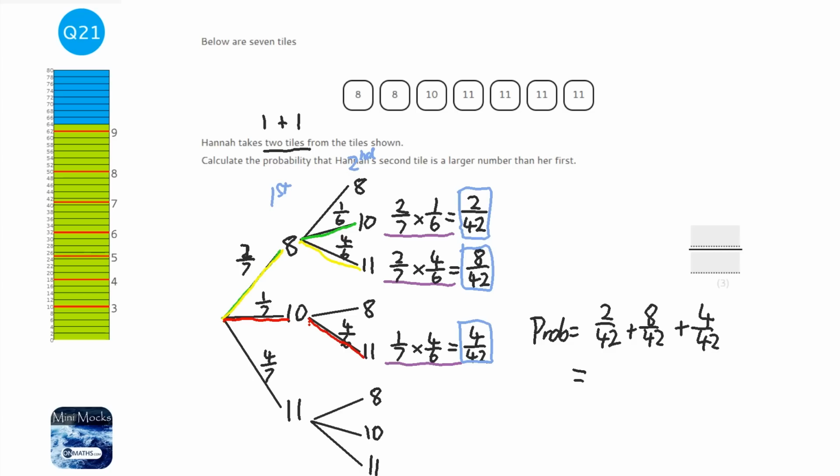So 2 plus 8 is 10, plus 4 is 14, so it'd be 14 over 42. And if you cancel that down, you can half top and bottom, and then I think you can divide them by 7, so you get 1/3. So the answer is 1/3 chance.